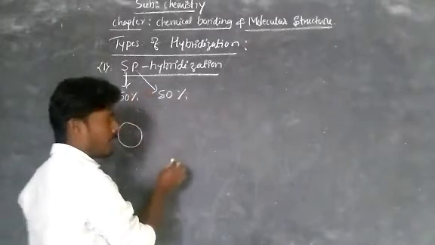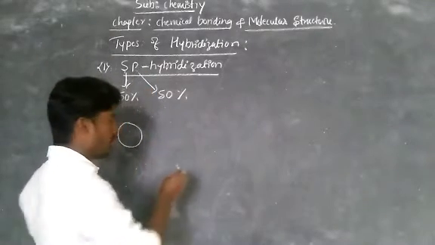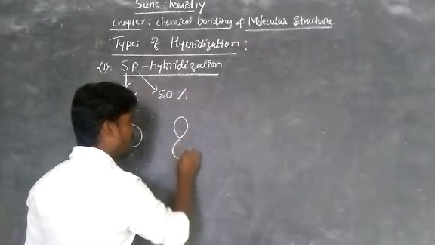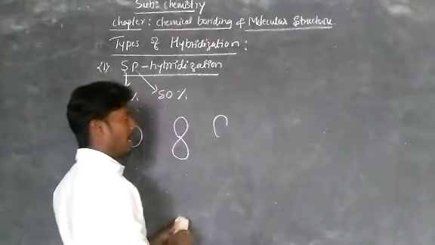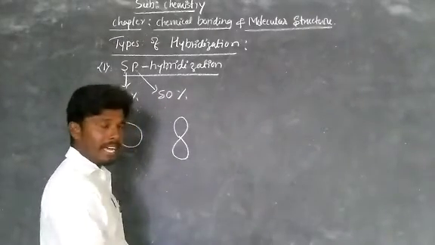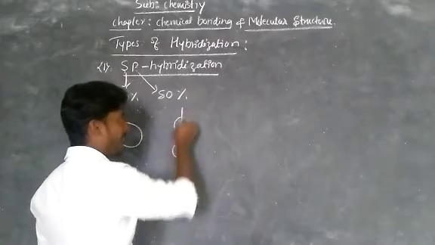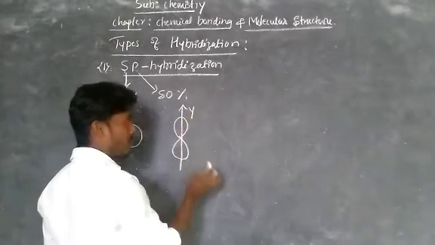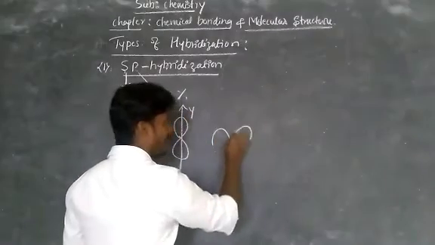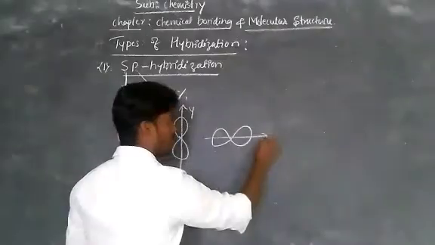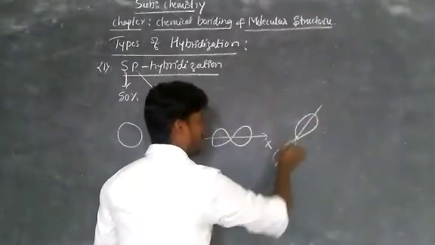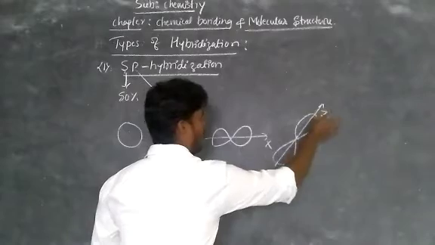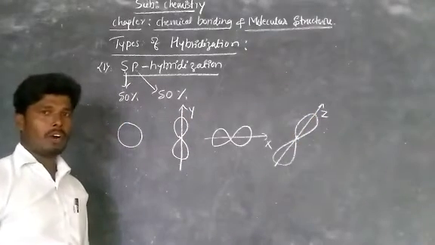And p has orientation in 3 possible directions: x direction, y direction and z direction. This is the way of orientation of p orbitals.